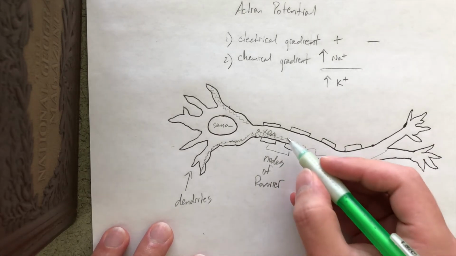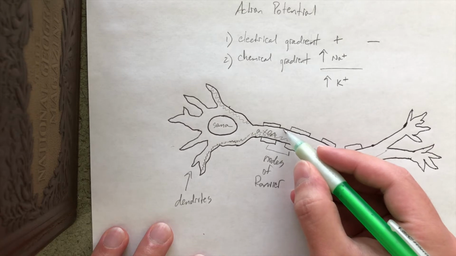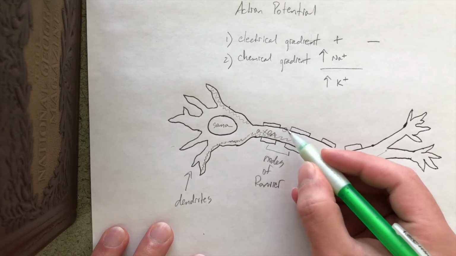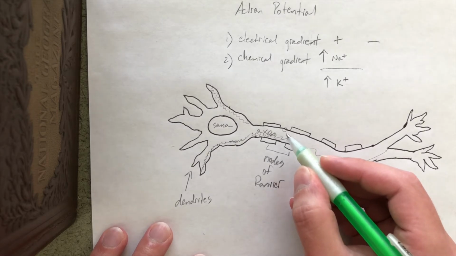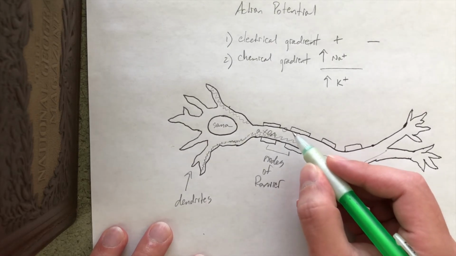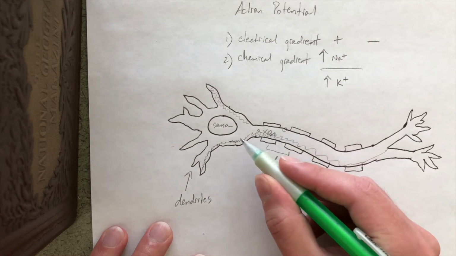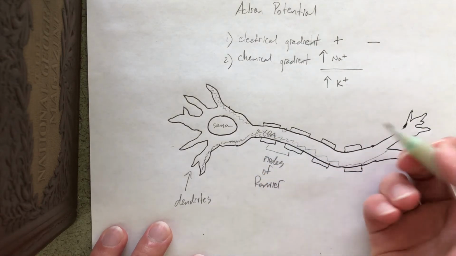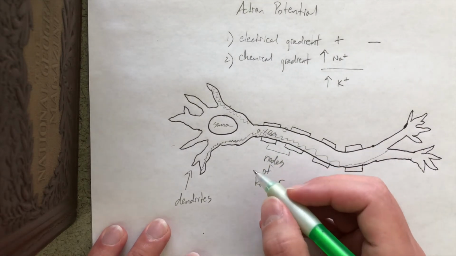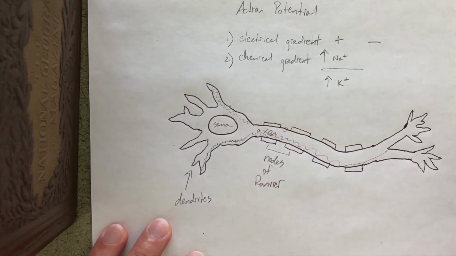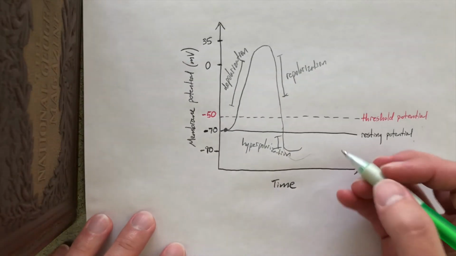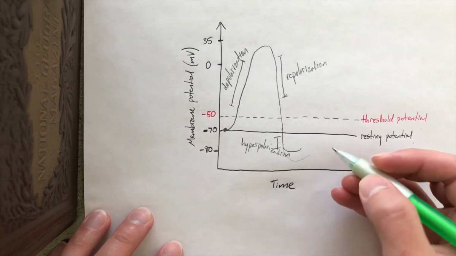And so if an area of the axon was immediately ready for another action potential right after an action potential crossed, this could theoretically allow it to go backwards, and that's very bad. We don't want axons to do that. We want action potentials to only move in one direction so we can have a steady flow of communication. So that's why this hyperpolarization phase is so important.